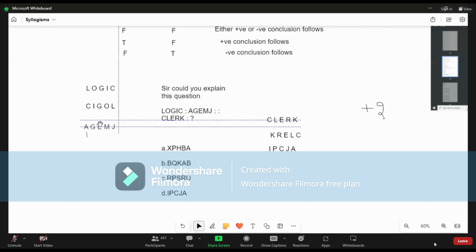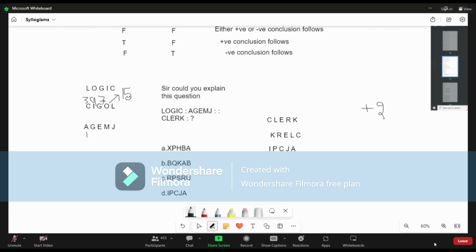So I'll write the numbers down. C is 3, G is 7, I is 9, O is 15, L is 12, sorry.